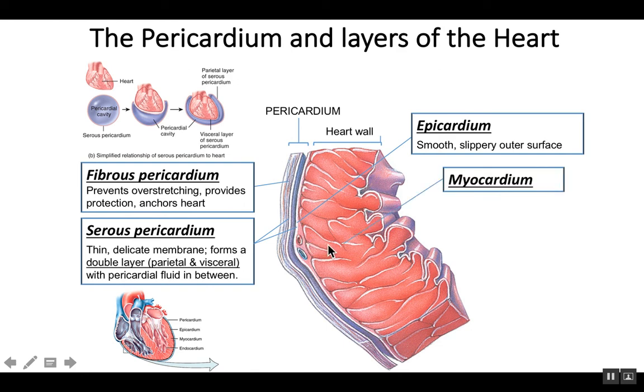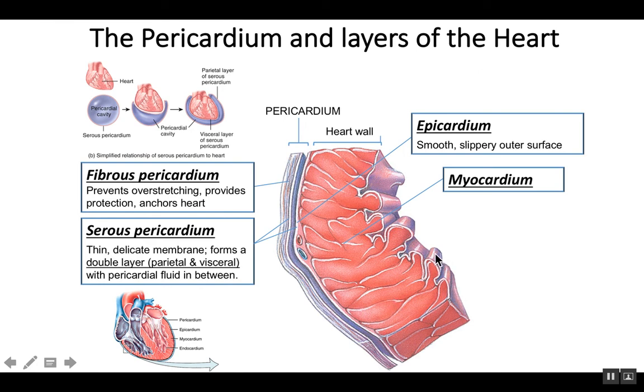Then we get to the myocardium. I'll remind you that myo means muscle. So this is all the cardiac muscle of the wall of the heart. And there's some areas where this wall is thick. There's some areas where it's thinner. But that provides the force necessary to pump blood.